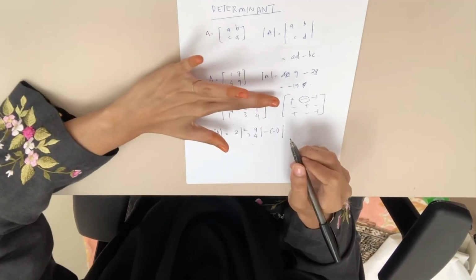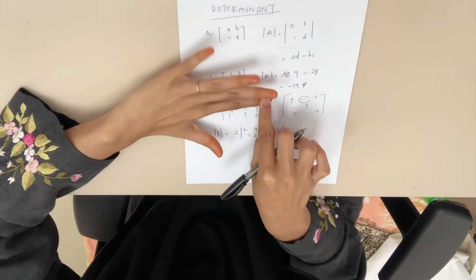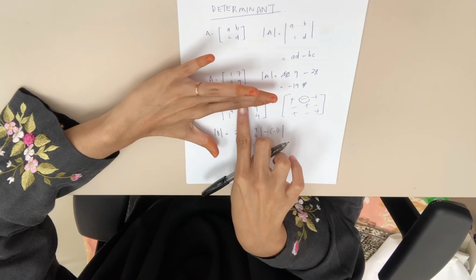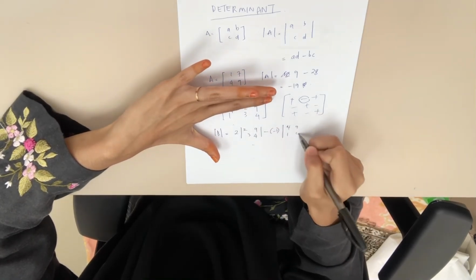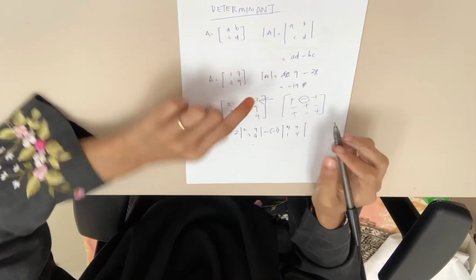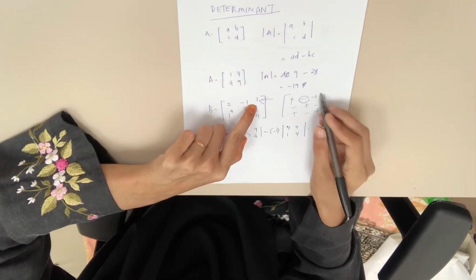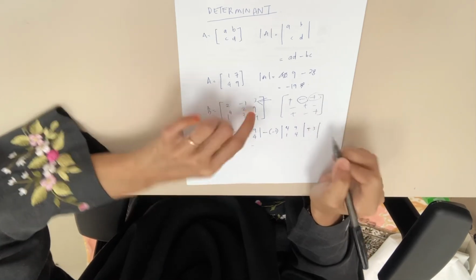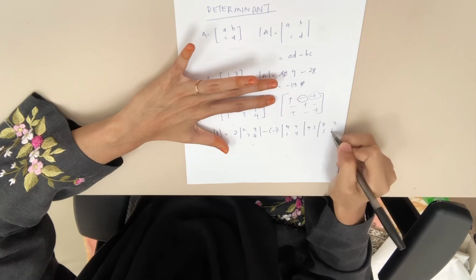Because -1 still lies in row number 1, you still close row number 1, but now column number 2. So you have 4, 9, 1, 4. Then repeat the same thing for the third one, number 3. It's plus, so plus 3. Close row 1, column 3. So you have 4, 2, 1, 3.